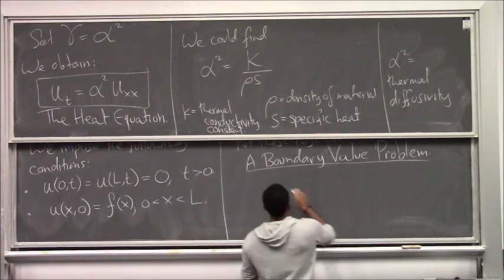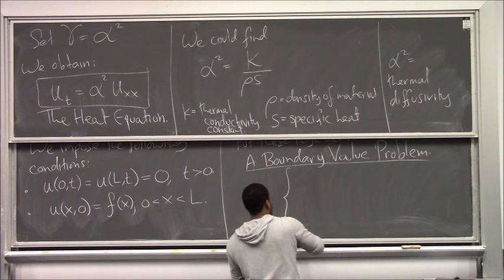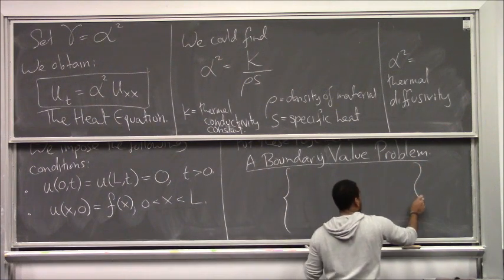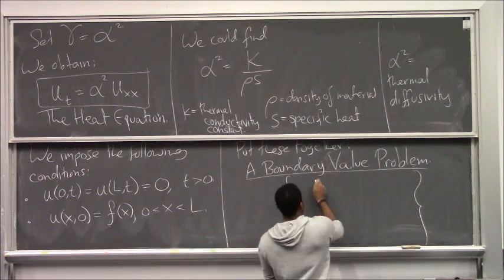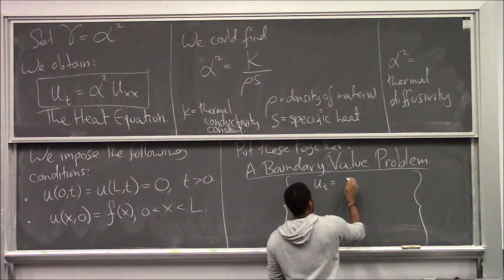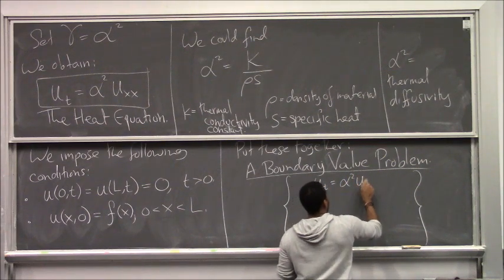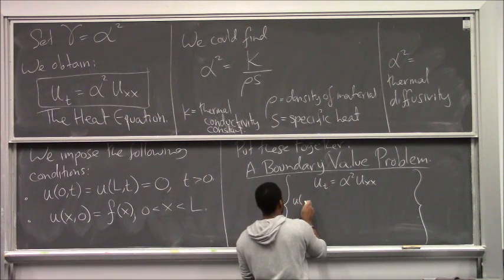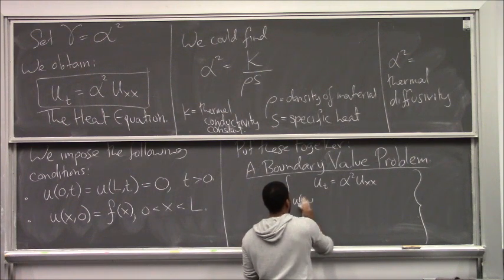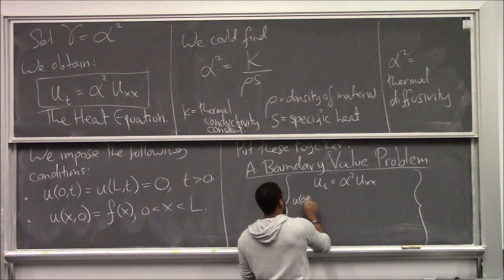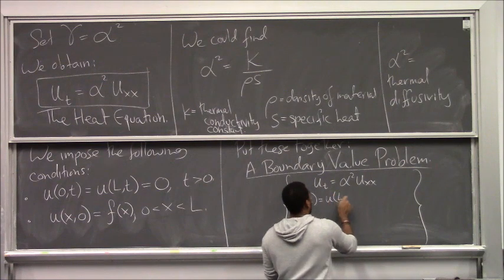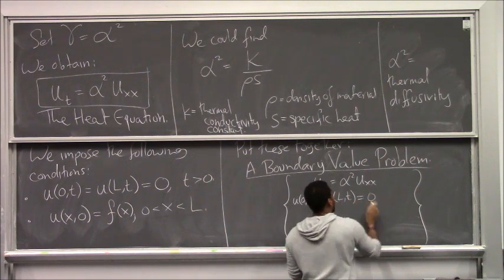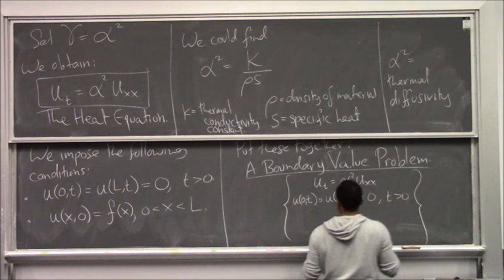And so you will see in your tests, it will look like this. They'll put a little squiggly bracket here, and they will tell you the equation that you're looking at. And then they'll tell you, okay, at the ends, when x equals 0 and when x equals L, the temperature is 0 for all t greater than 0.